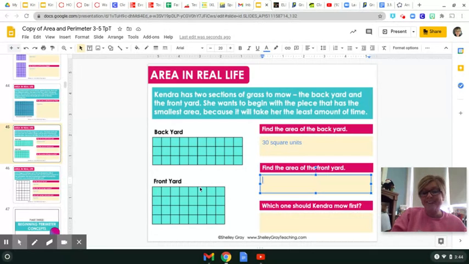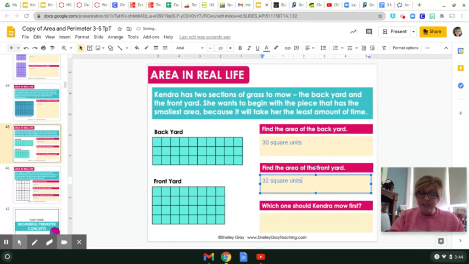If this is 8, then I know the second row is also 8. Well, I know 8 and 8 is 16. So then I have another 16, so 2 more rows. So 16, and then 16, if you can add that in your head, you should get 32 square units.